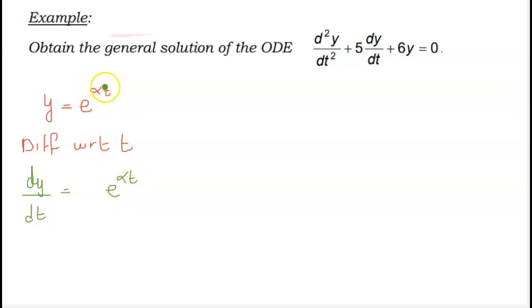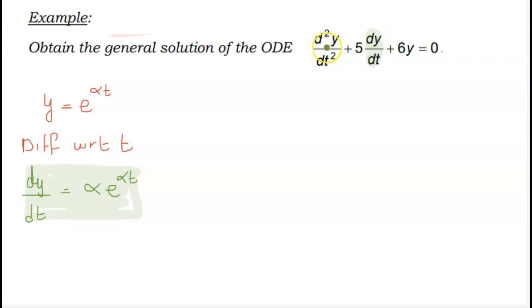And we have to differentiate this thing so that alpha will come out as well. So that will be dy over dt. This is one of the bits. So now I got this dy over dt as well.